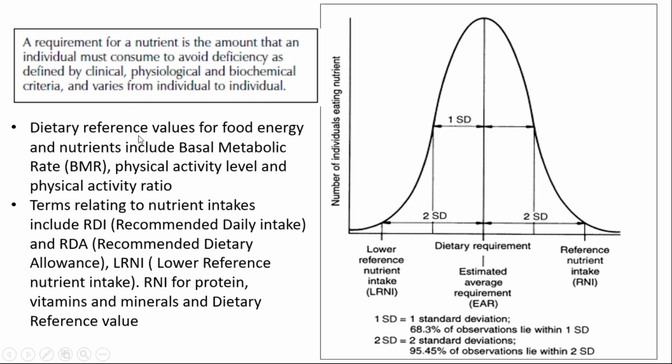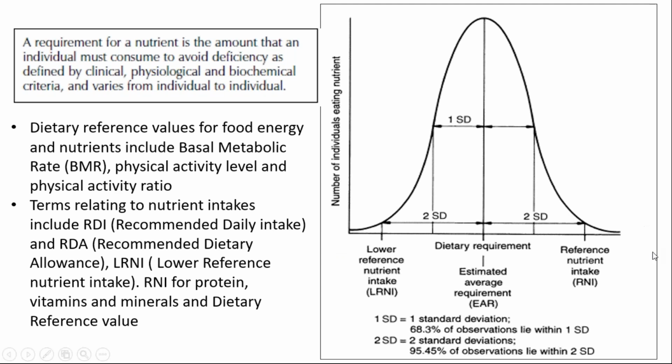The dietary reference values for energy and nutrients take into account the basic metabolic rate, the physical activity level, and the physical activity ratio. What you see over here is that every country has its own recommended daily allowance, because the population, the activity, the genetic makeup, and the average weight and height vary.